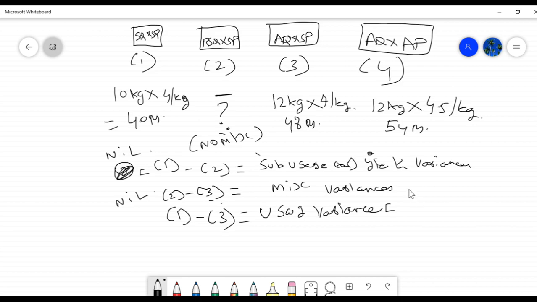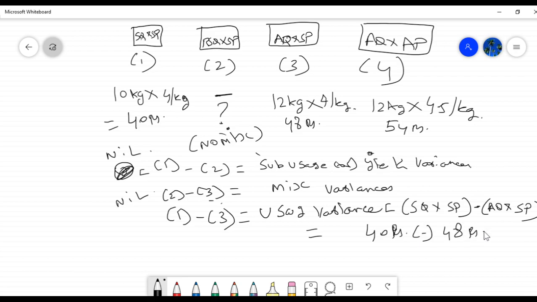So SQ into SP minus AQ into SP equal to how much? SQ into SP, 40 rupees, minus AQ into SP, 48 rupees.